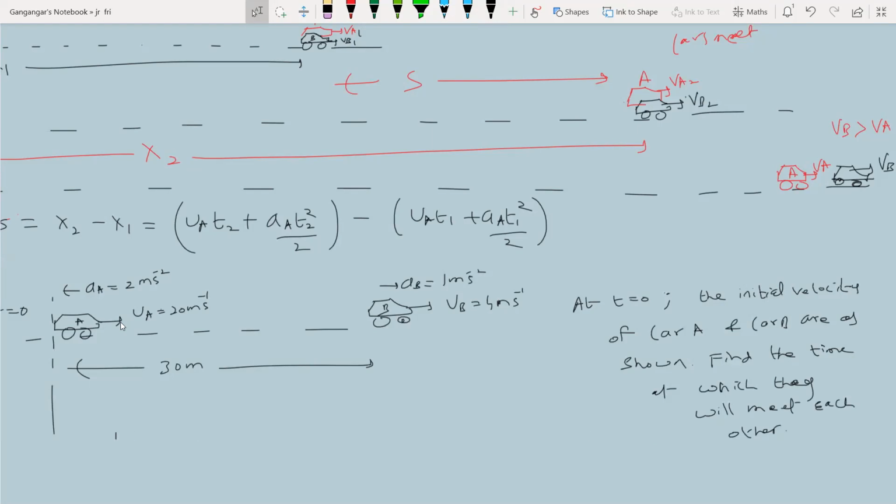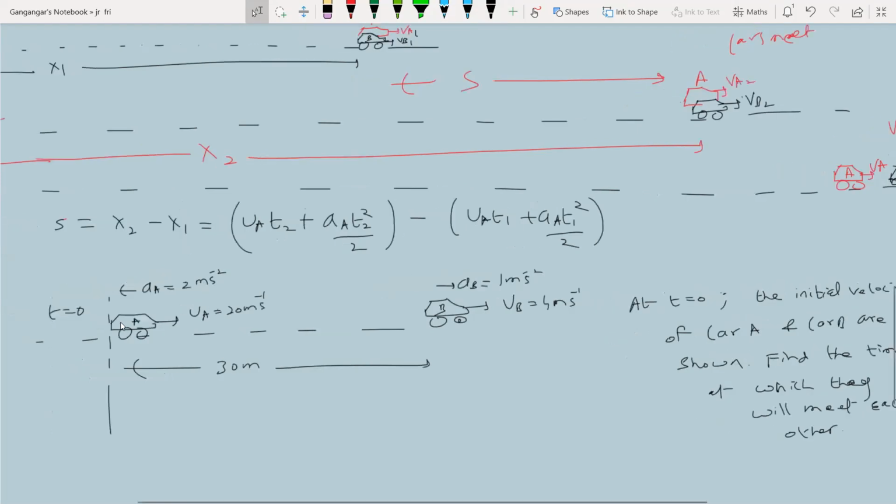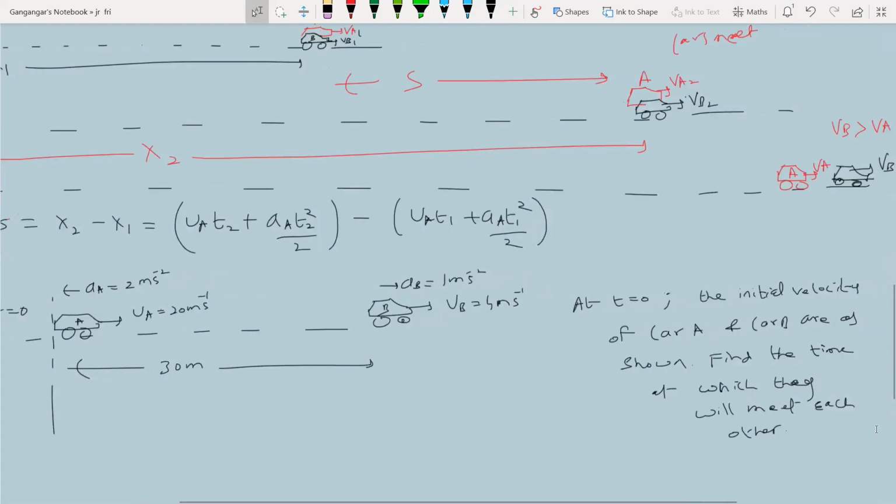Now look at car A. What type of motion will car A describe? Retarding motion, no?